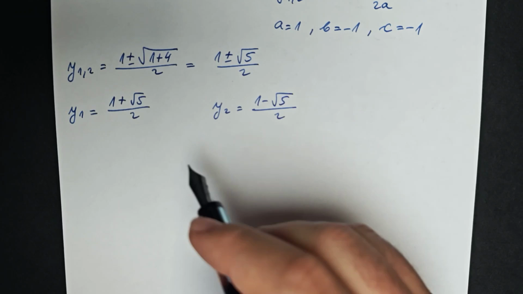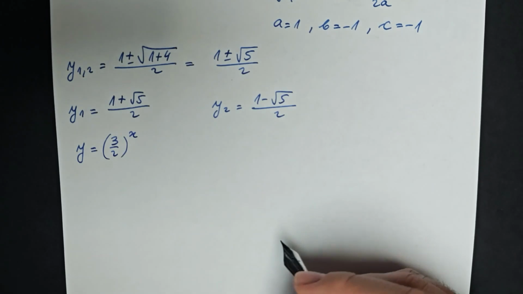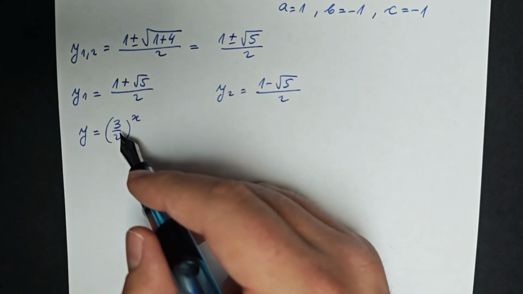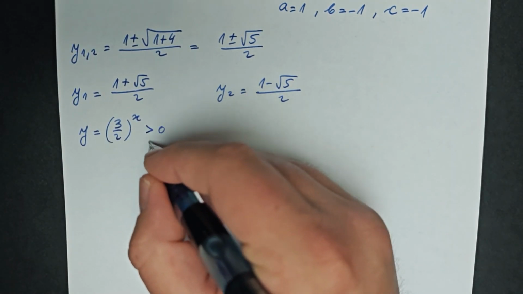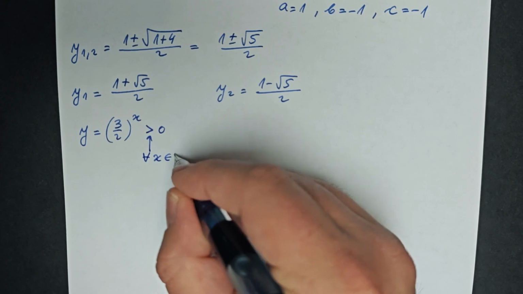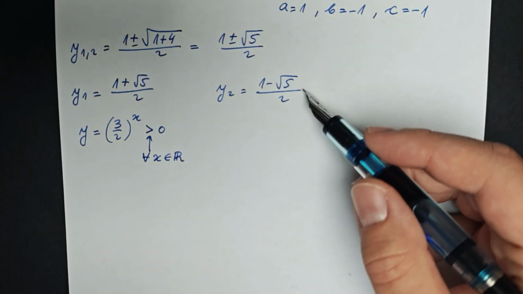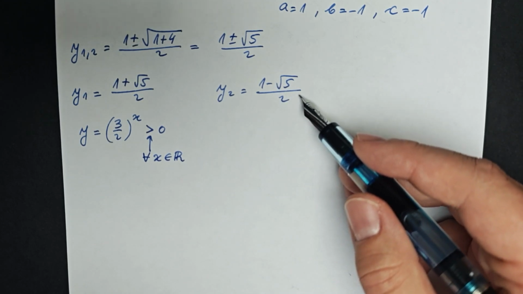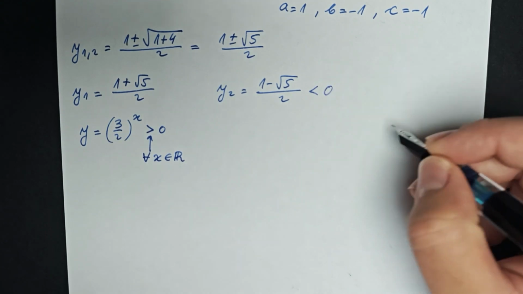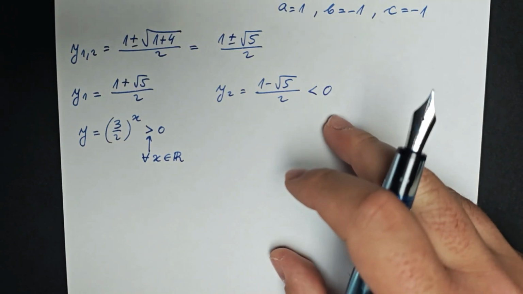Now remember that our substitution was y is equal to 3 over 2 raised to the power x. So this 3 over 2 to the power x is going to be larger than 0 for all x which are real numbers, and we are trying to solve our equation only for real numbers. So this solution right here, y2, which is 1 minus the square root of 5 over 2, is smaller than 0, and it doesn't make sense when you're trying to solve the equation for real numbers.